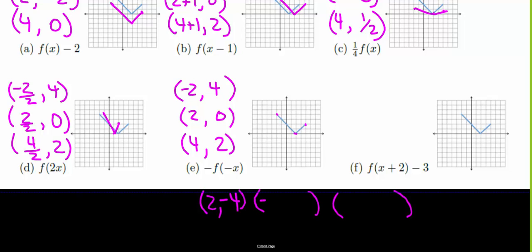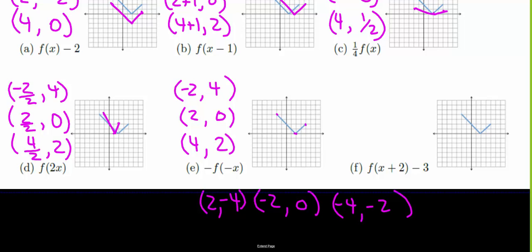We've got -2, 0, and -4, -2. So all I did was take these original points that are on the graph and change the signs, because I've got a negative out front and a negative on the inside.